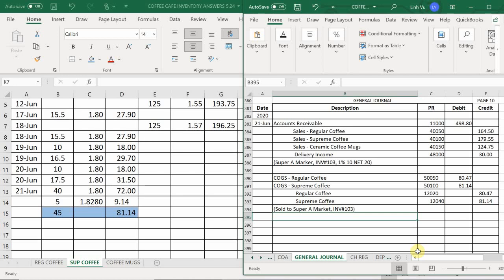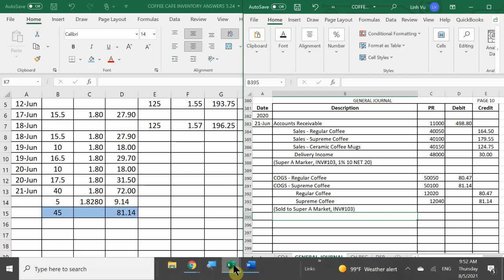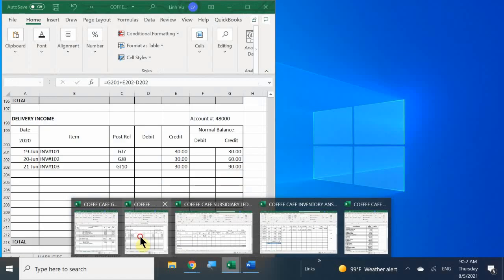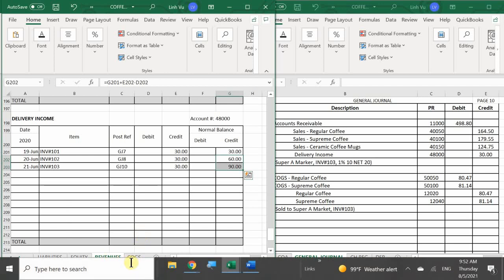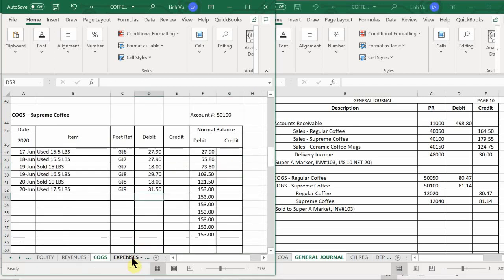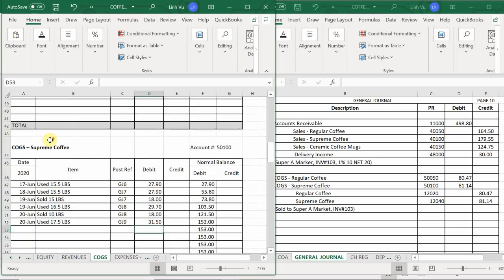All right, what step is next? We need to update our general ledger. So we got to go to our COGS for regular coffee first.